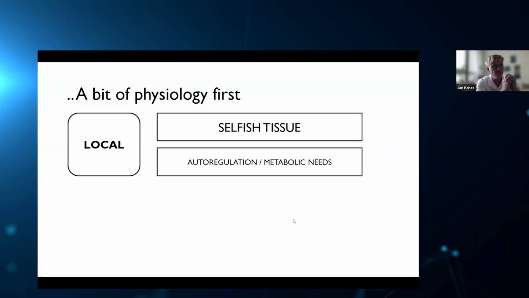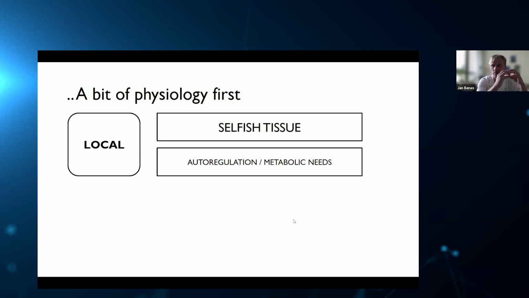What else? When talking about physiology, we can have a local regulation. And from the point of local regulation, there is autoregulation, which may be active or passive, dictated by the metabolic needs of the tissue.